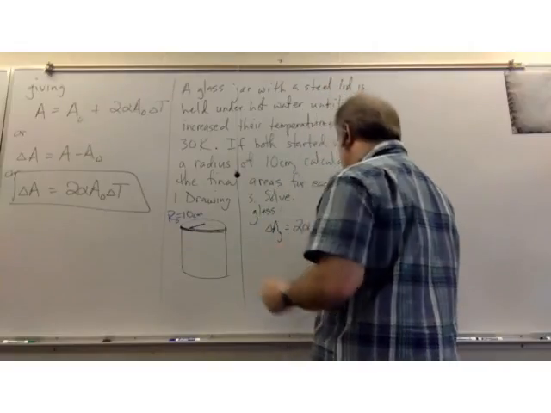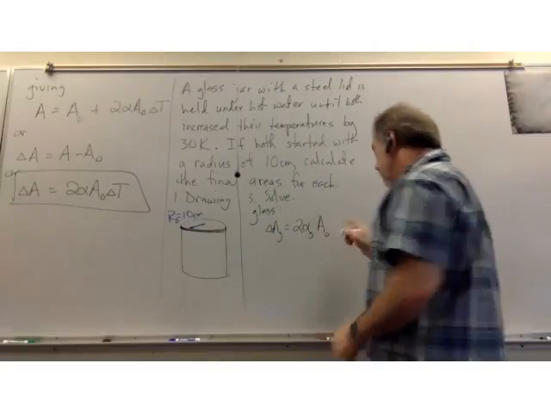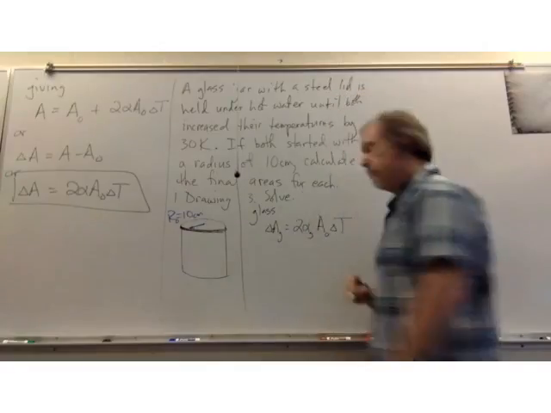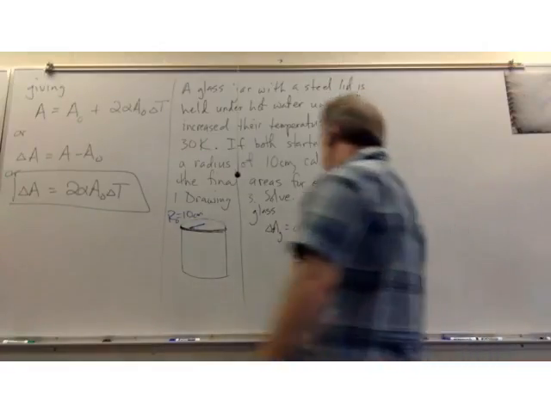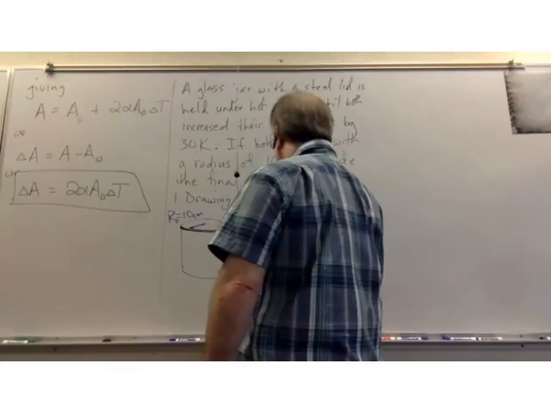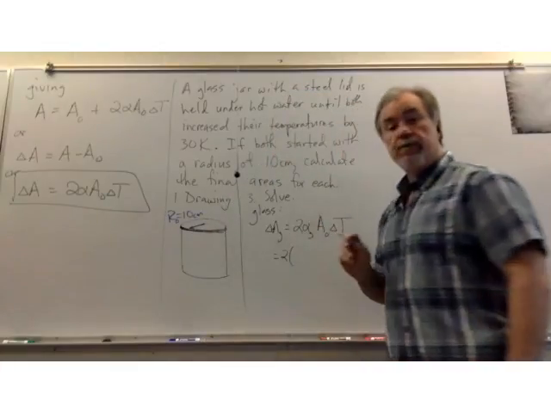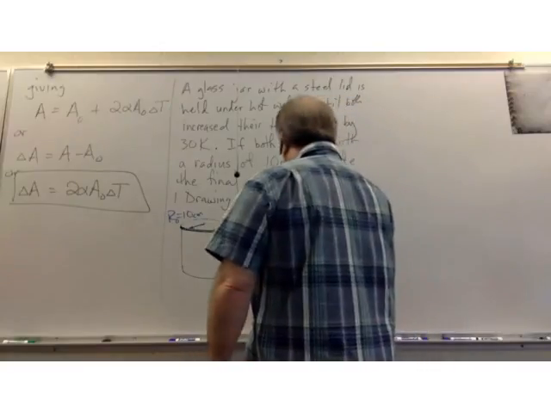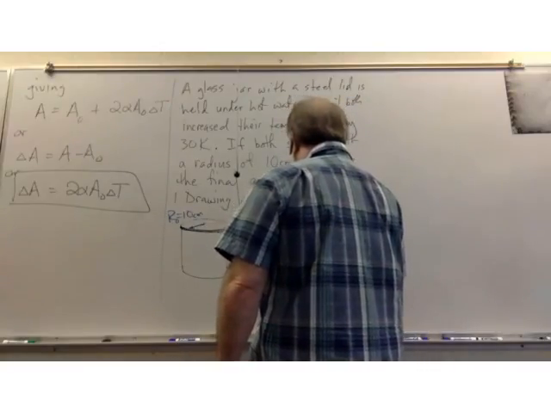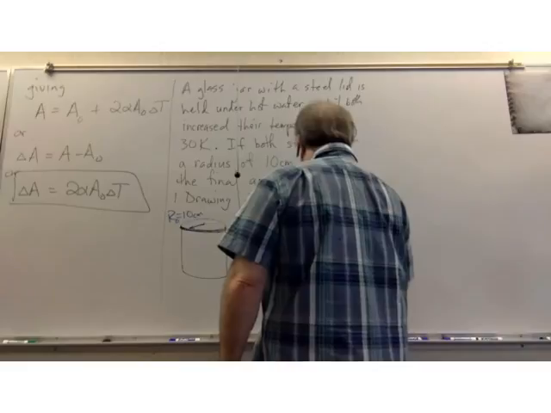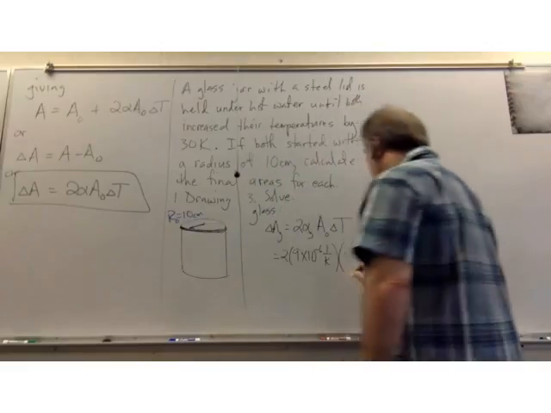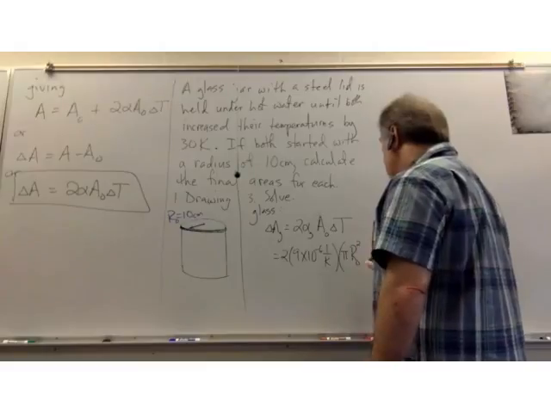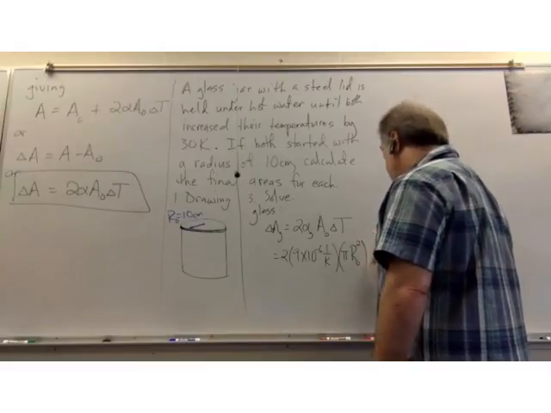Okay, so 2 alpha sub G times the original area multiplied by how much the temperature is going to change. Okay, for glass, that's going to be 2 times, and I looked up the coefficient of thermal expansion for glass, and it turns out to be 9 times 10 to the minus 6 inverse Kelvin. And the original area is pi times R naught squared. Okay.